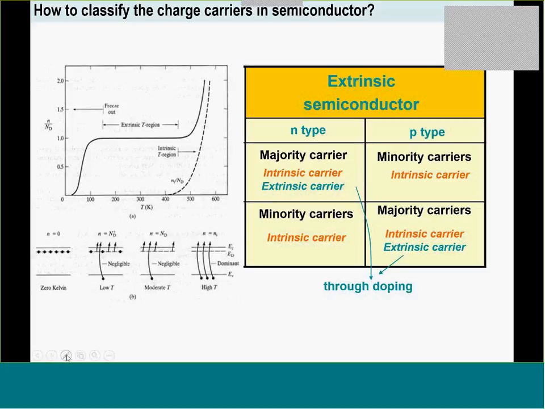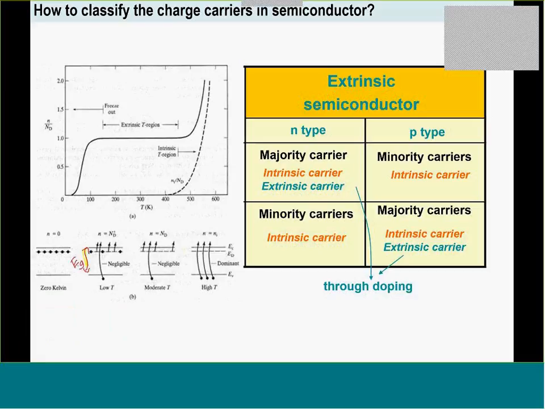So let's just write down here. Changing the color. This is the E gap.